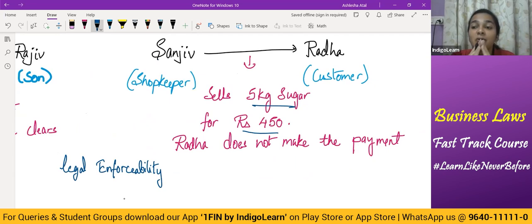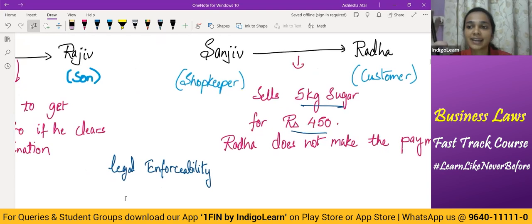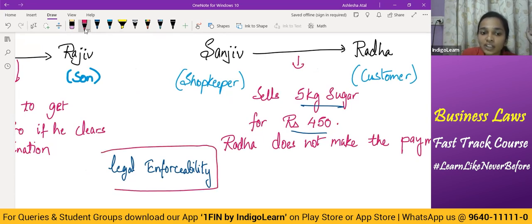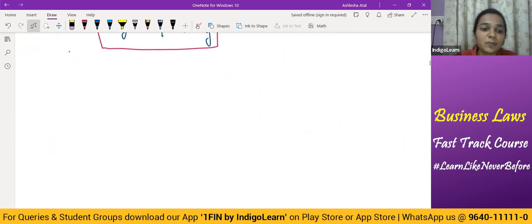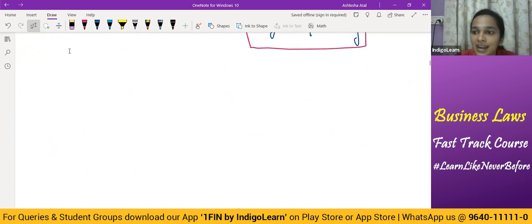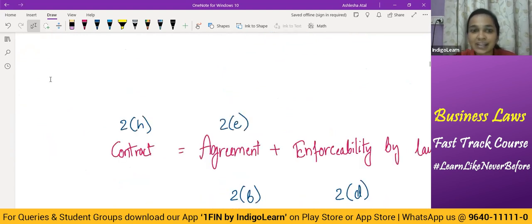So now, what we are trying to understand from these examples is what is a contract and what is an agreement. One essential element of a contract is that there has to be a legal obligation or legal enforceability. Now I'll give you 3 equations which will form the basis of understanding contract, agreement and promise.